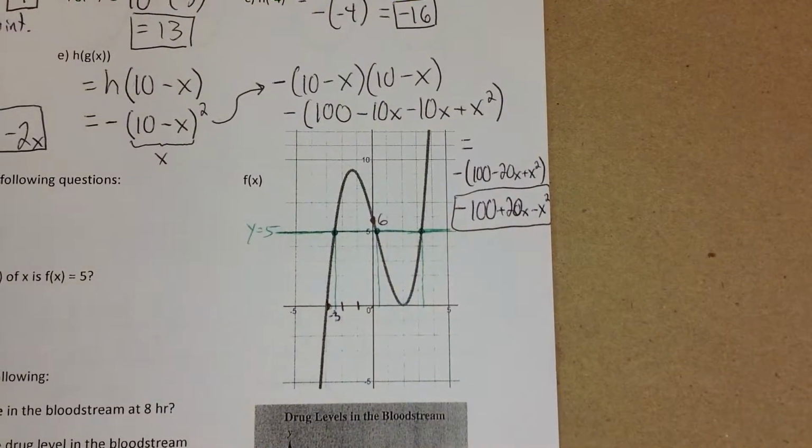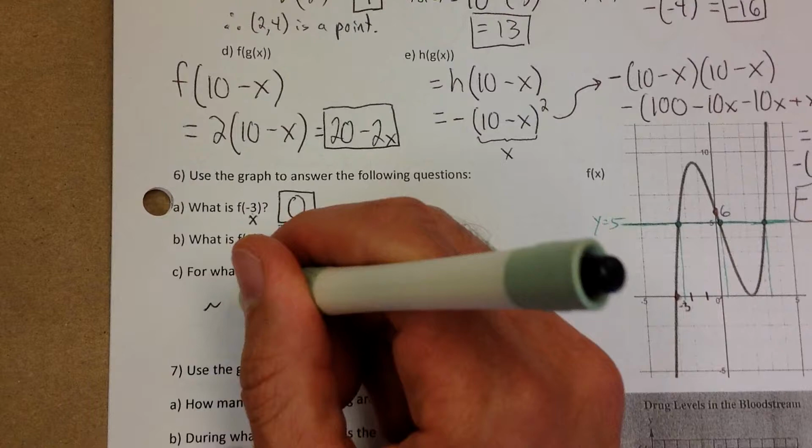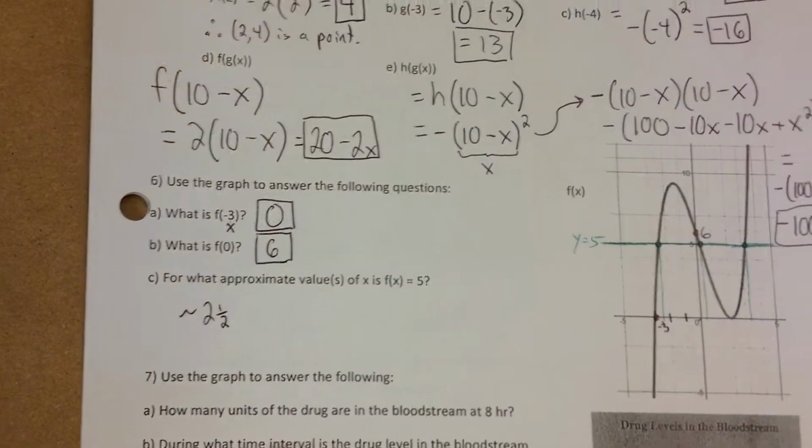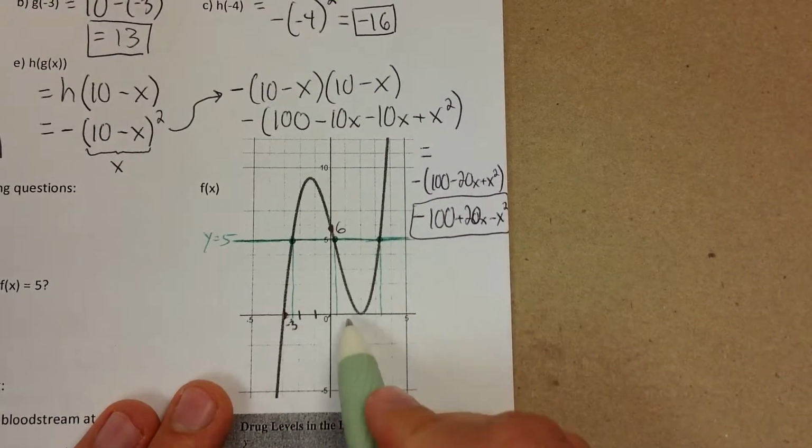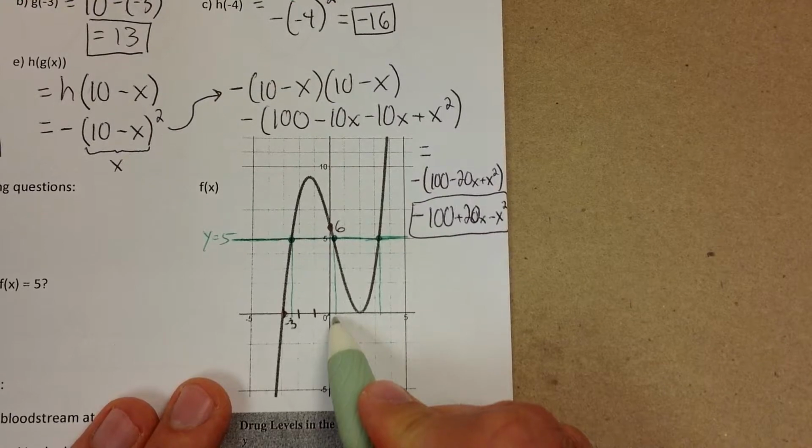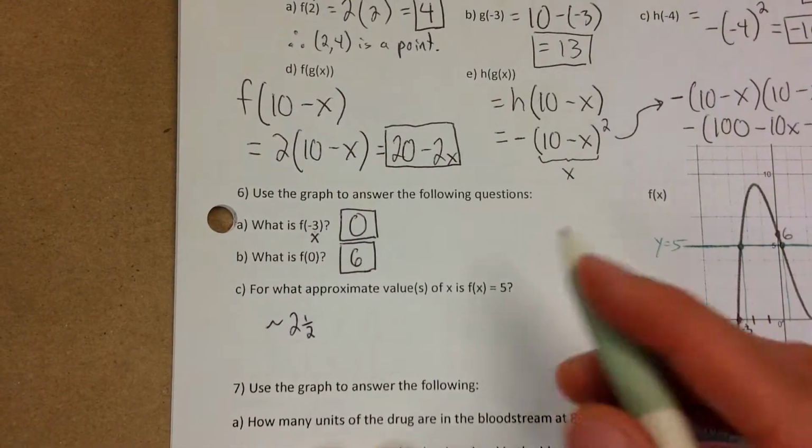Negative 2.5 maybe. Okay. And Dominique, how about this one? Maybe 1/4.